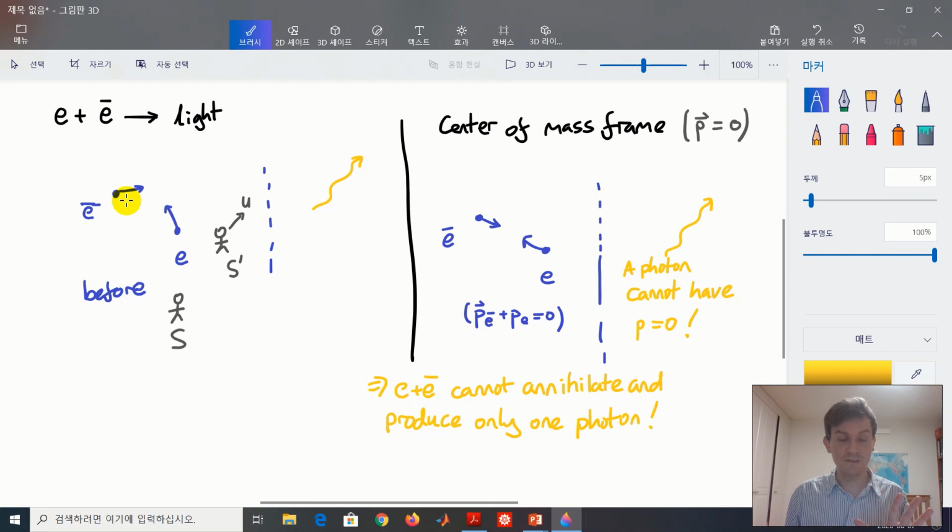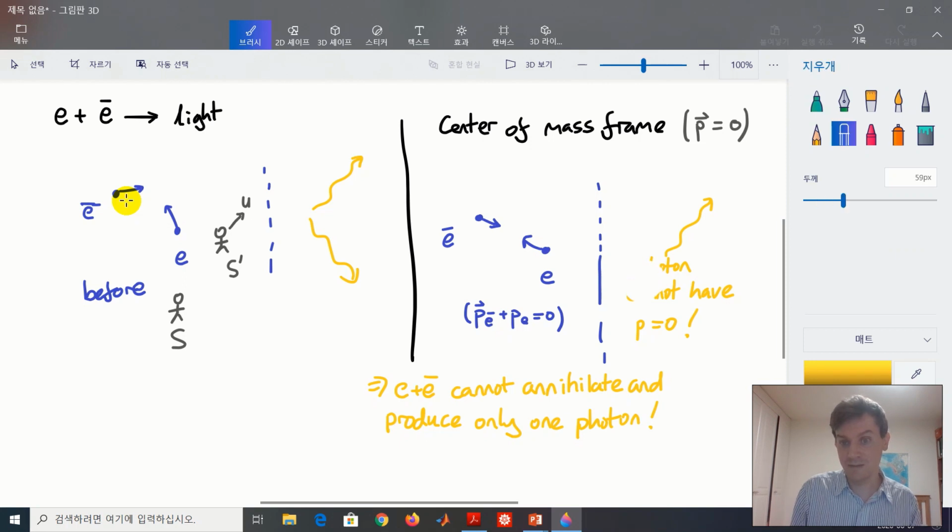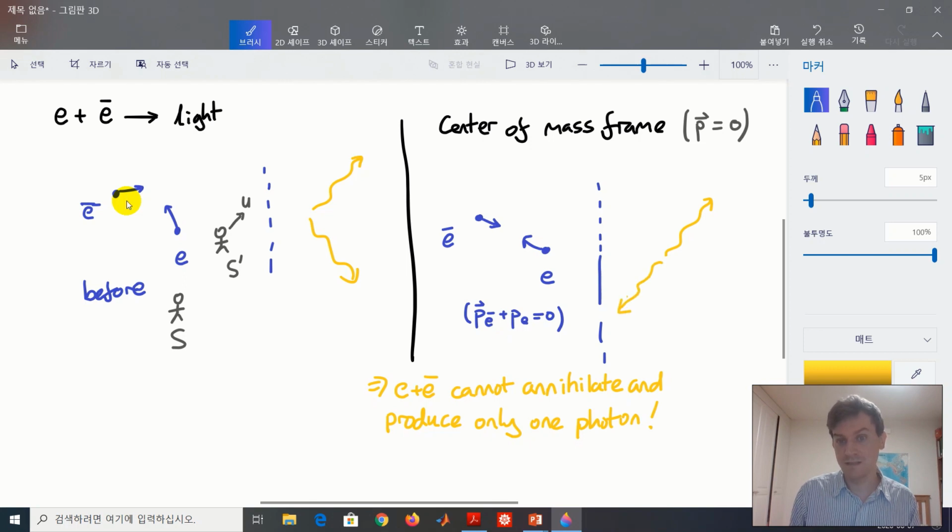Okay, it is perfectly possible for them to annihilate each other and produce two photons, right? Because if you again were to look at this from the S prime perspective over here, if I have two photons, then I can just choose photons of the same energy but heading in opposite directions like this, okay?